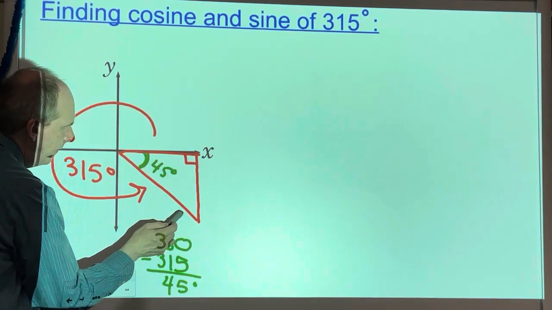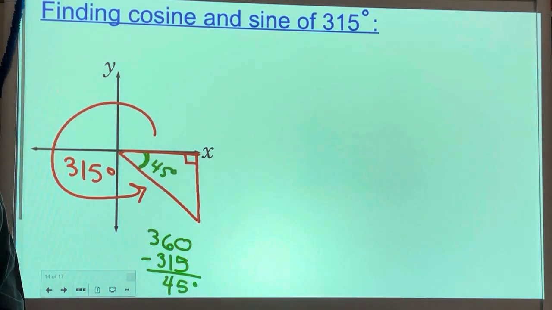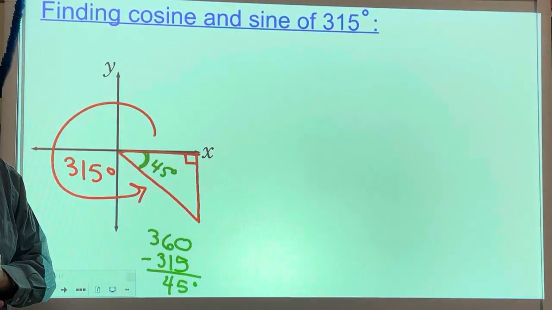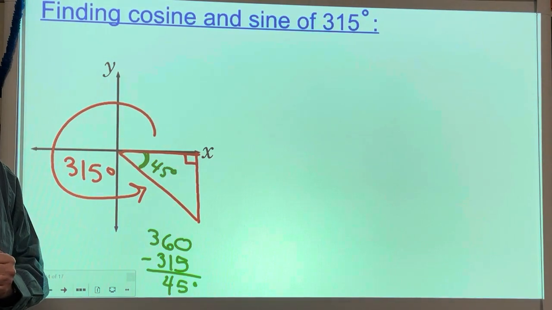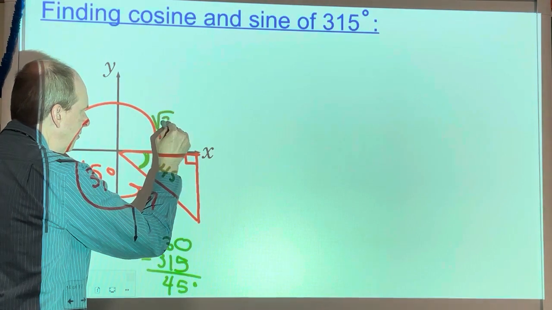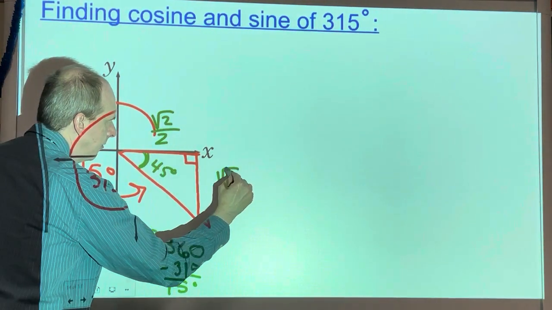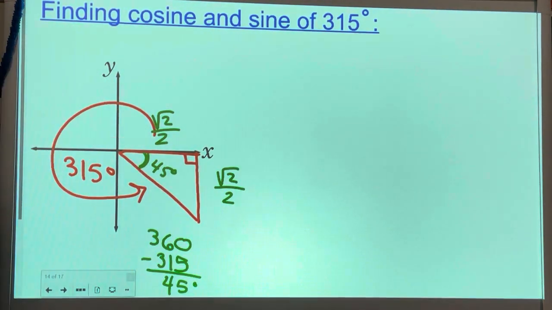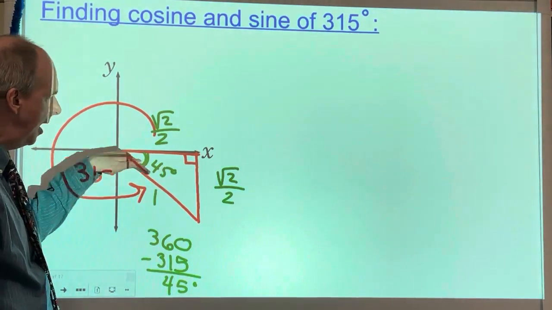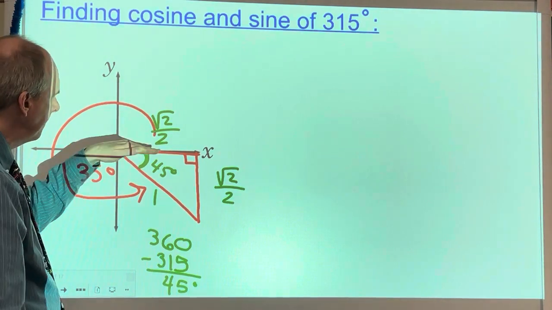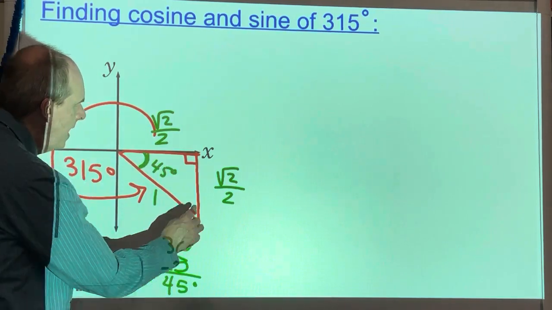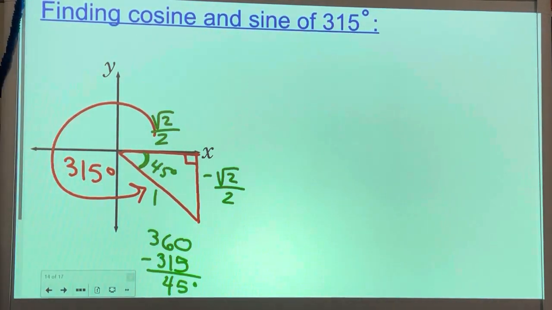If this is 45, this is 45. X and y will be the same thing. What are they? Well, cosine and sine of 45 degrees. It was radical 2 over 2 and radical 2 over 2. But keep in mind, hypotenuse is 1. Keep in mind, x is positive here. Y is negative because it's down below the x-axis.